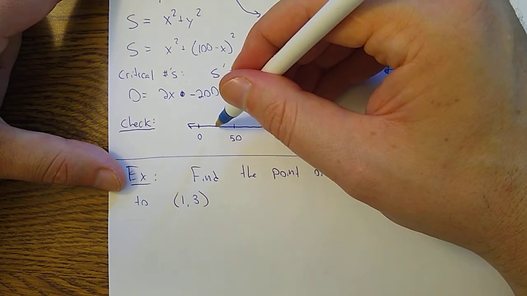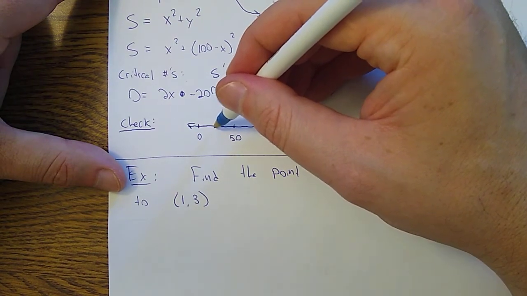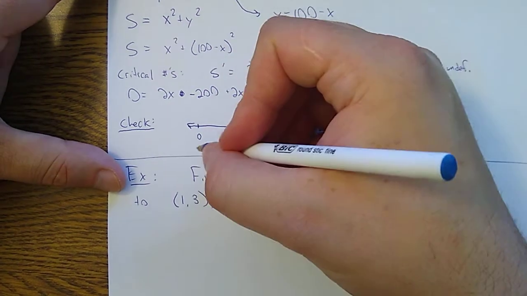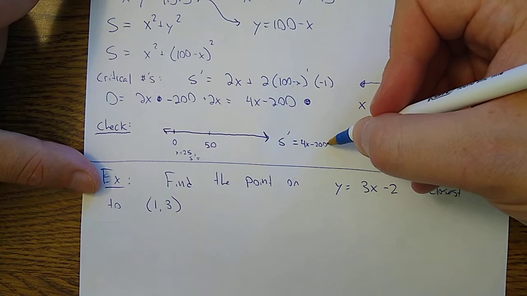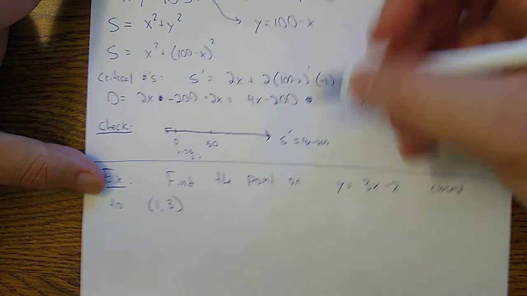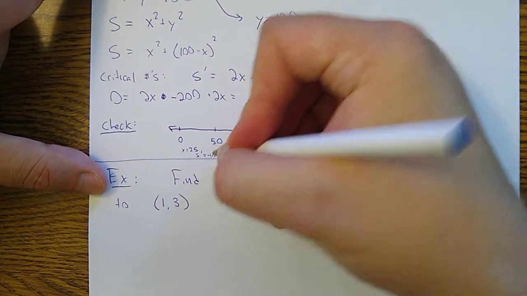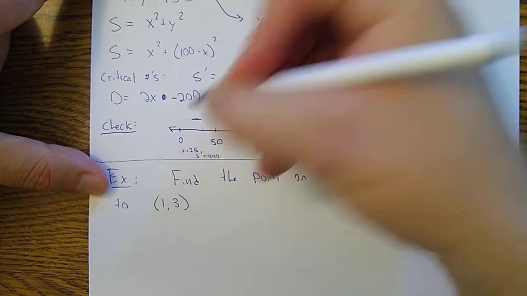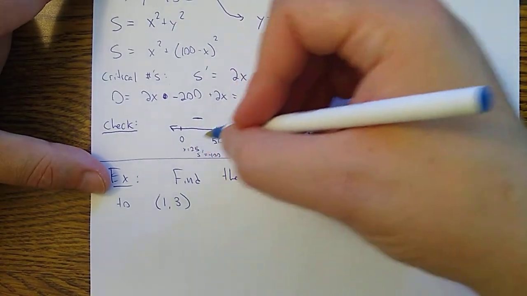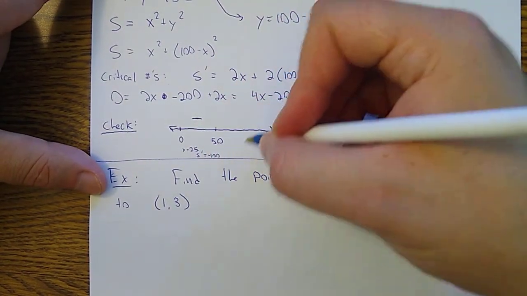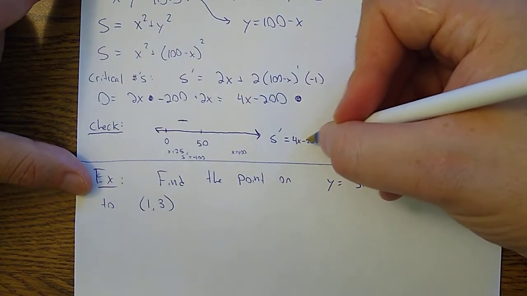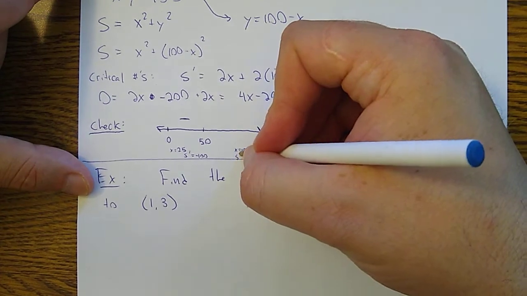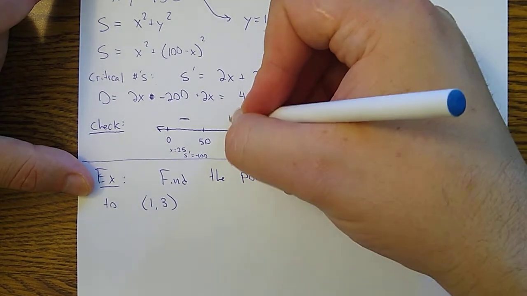If I plug in values, say x equals 25 here, s prime is 4x minus 200. If I put in 25 for x, I get negative 100. So this is negative. Meanwhile, if I put in a value of x here, say x equals 100, I'm going to get 200. So that's positive here.